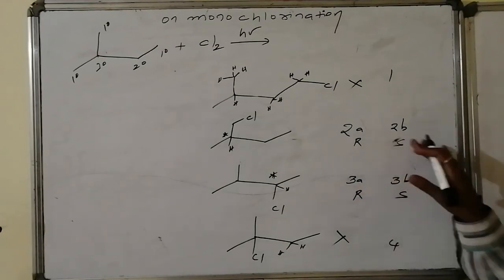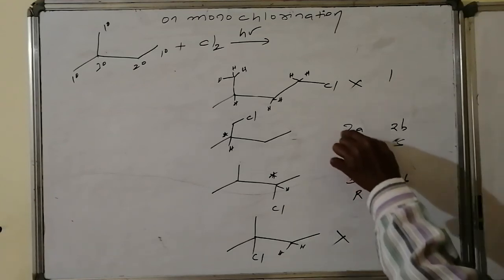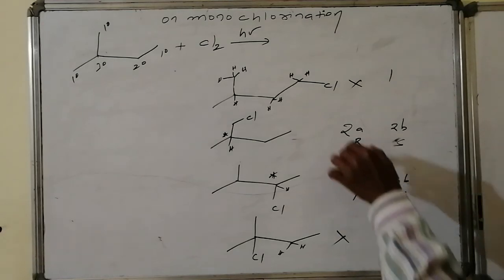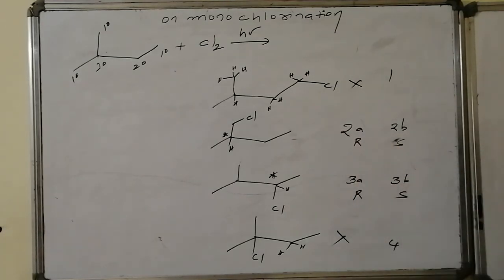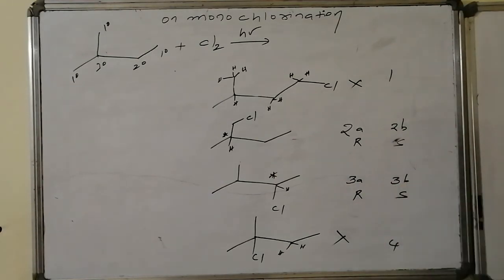Within them, 2A and 2B are enantiomers to one another. 3A and 3B are enantiomers to one another. Whereas 2A with 3A, diastereomer. 2A with 3B, diastereomer. 2B with 3A, diastereomer. 2B with 3B, diastereomer.